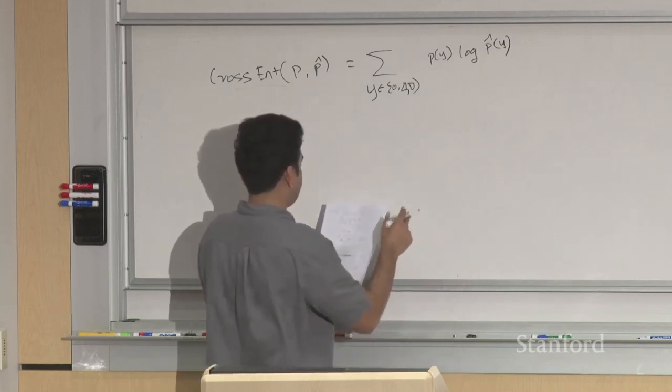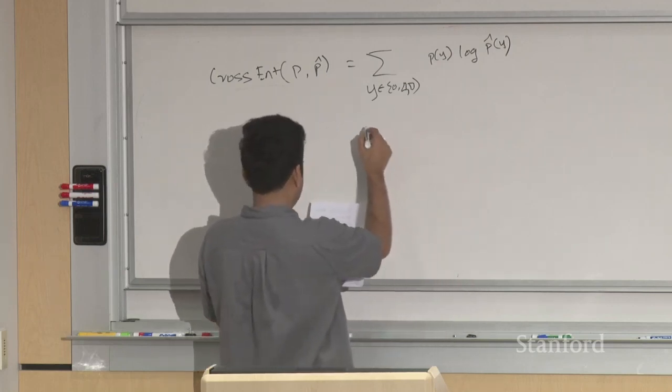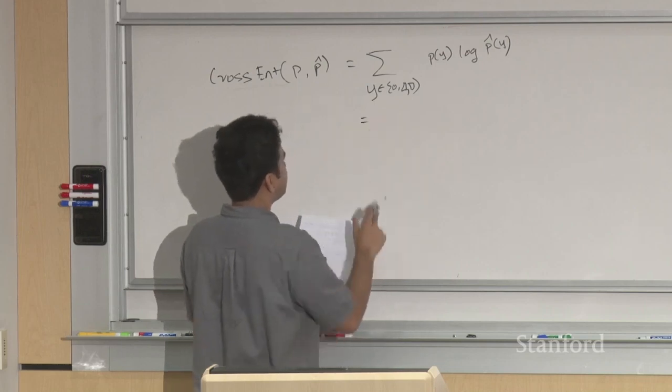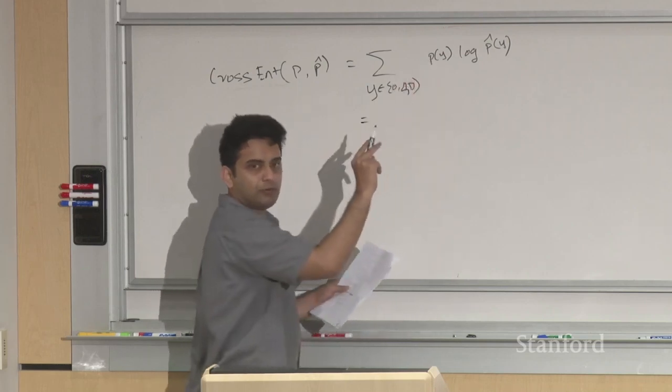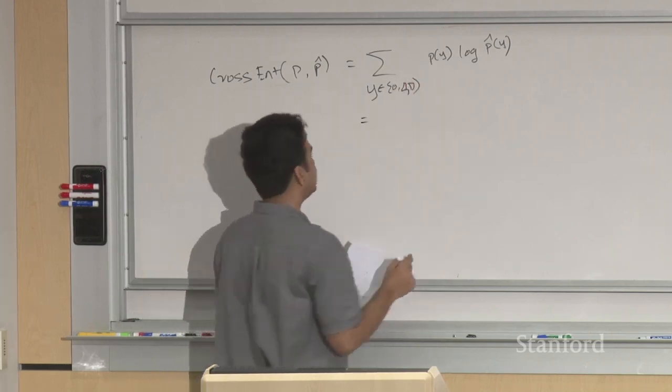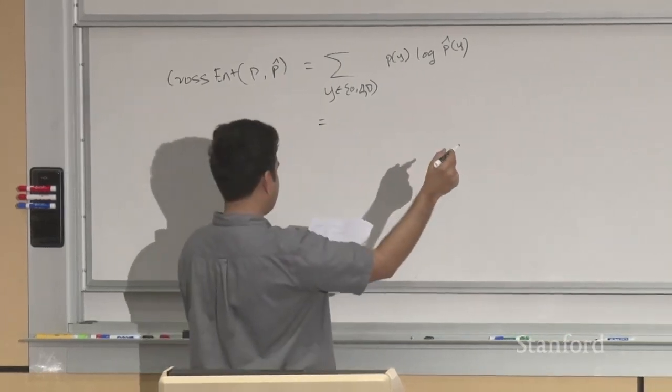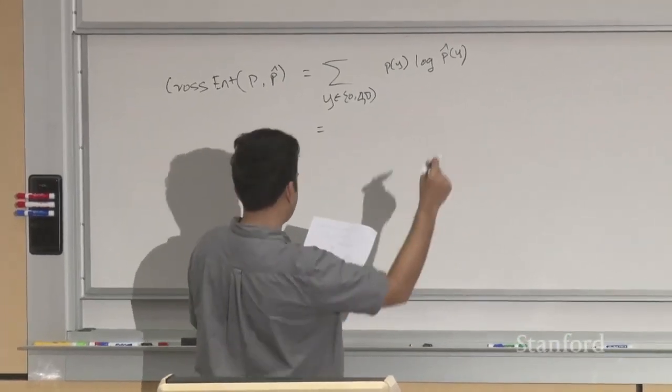I don't think we'll have time to go over the interpretation of cross entropy, but you can look that up. Here p of y will be 1 for just one of the classes and 0 for the others. Say y was a triangle.